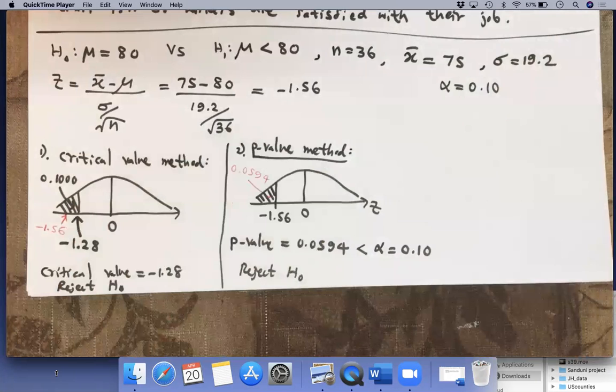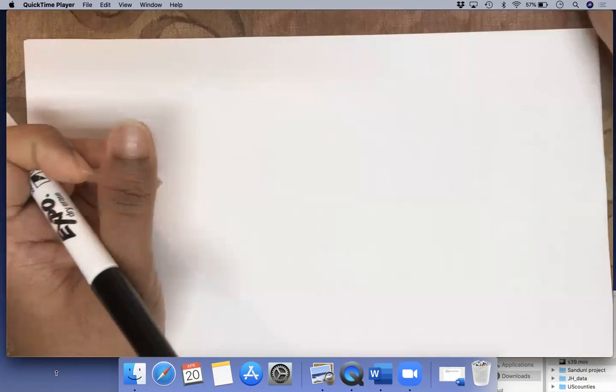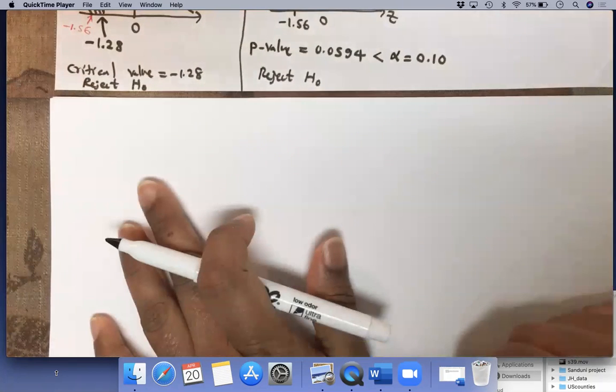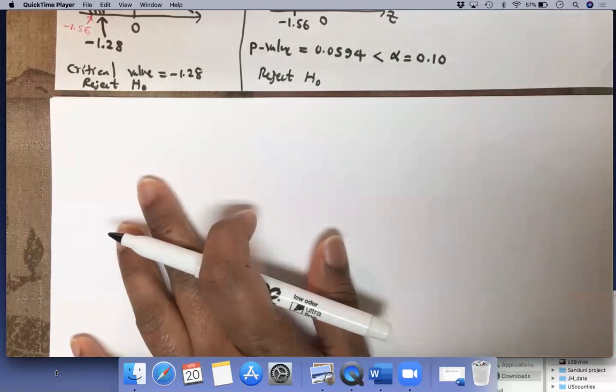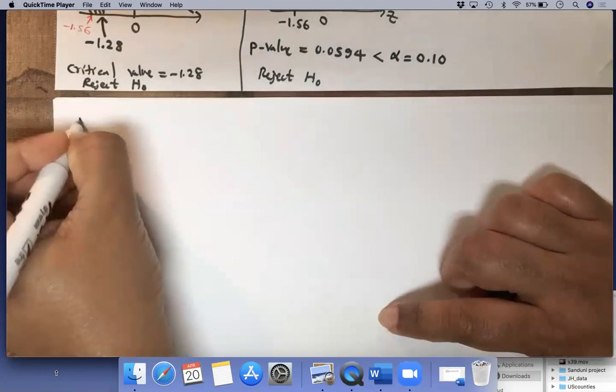Then what is the interpretation? I will write it on a separate paper. Reject H naught means you can say we have enough evidence to support the claim. I will write it here.